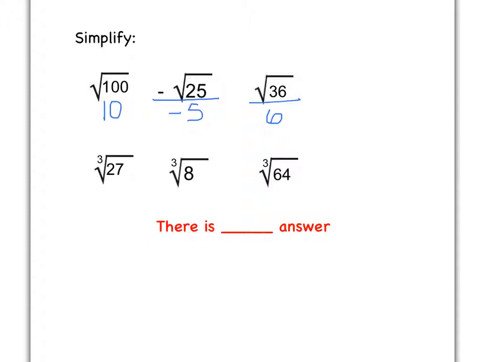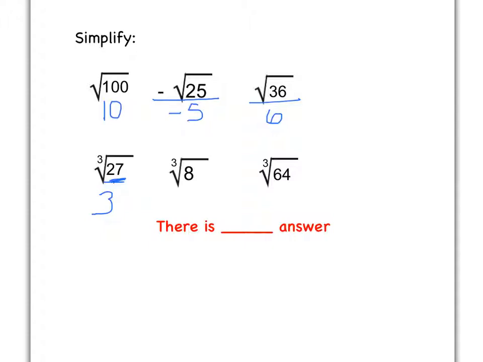The cube root of a number, if we have 3 factors that are negative, we know that there's going to be a negative under the cube root symbol. So if it's positive, we know it's going to be positive. So here, the cube root of 27 is 3, because 3 times 3 times 3 is 27.